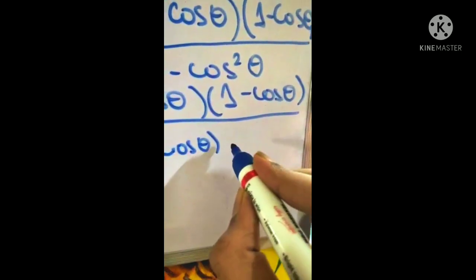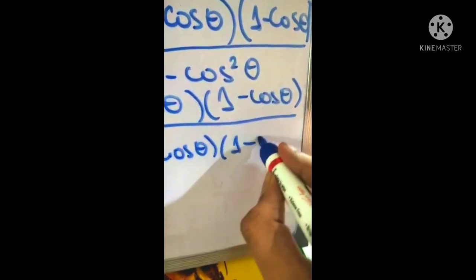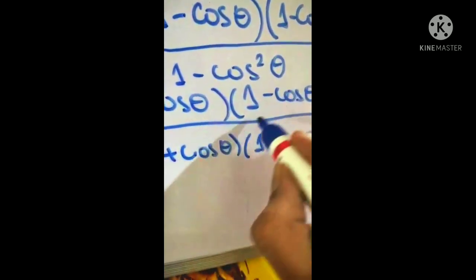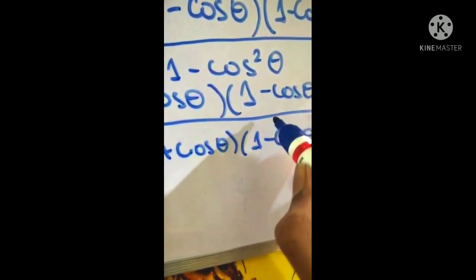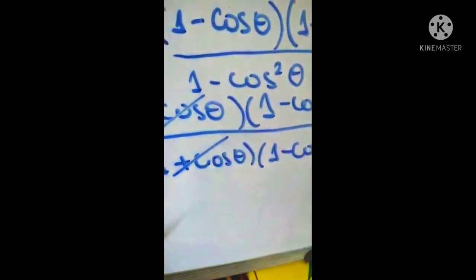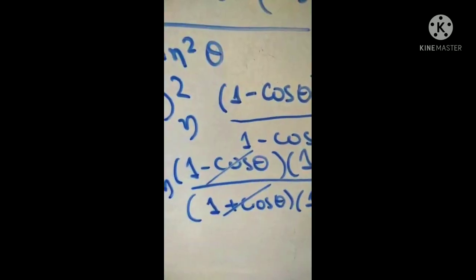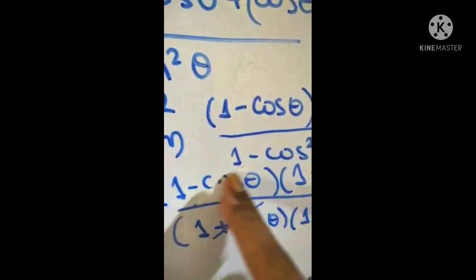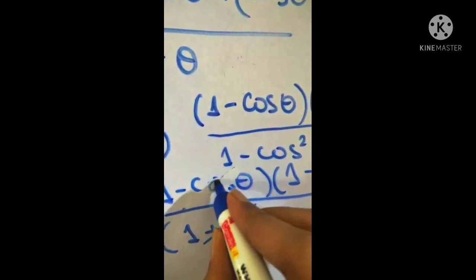and here (1 minus cos theta). So if you cancel it, here you will cancel this and this. Sorry, this cannot be cancelled because it is minus cos.